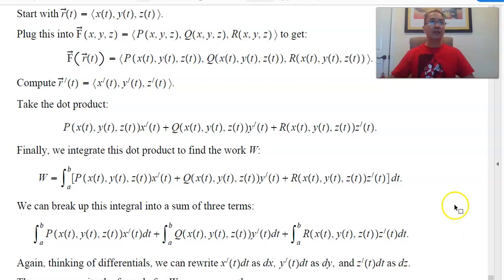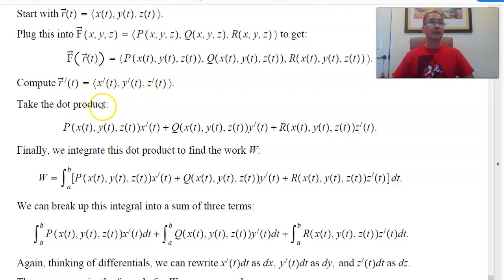Okay, so what were the steps? Start with the parametrization, and then you plug this into your function. So x becomes x(t), y(t), z(t), and so on. Next, we go back to the parametrization. You find the derivatives of the components.